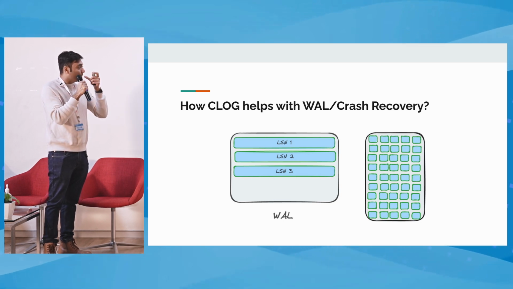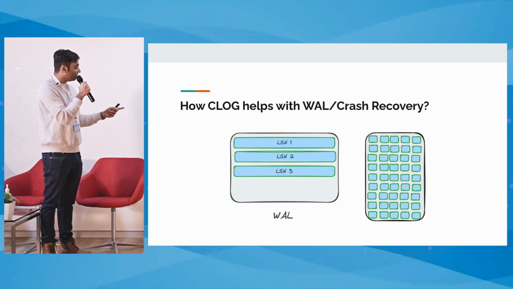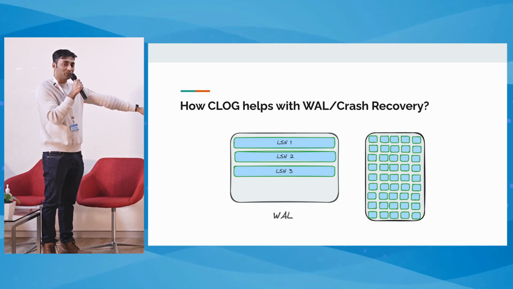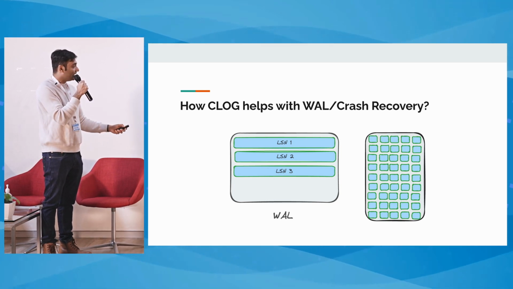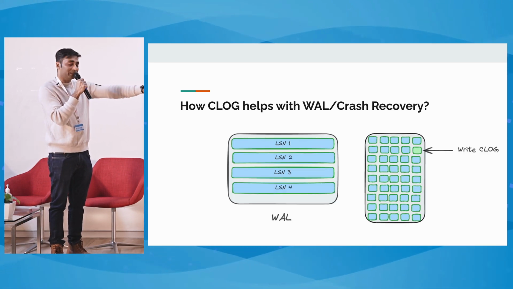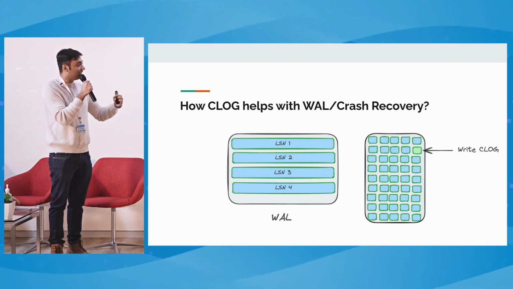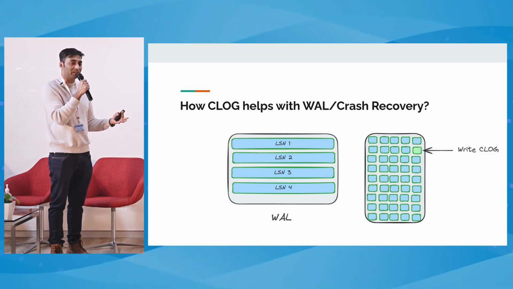The way in which the commit happens is, first, my row is flushed to the WAL. Secondly, once this row is flushed, the status is written in the commit log. Once both of these things happen, I can say that my transaction has been committed completely.